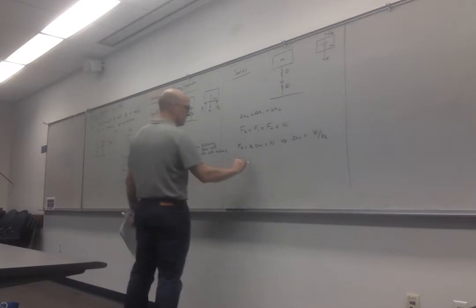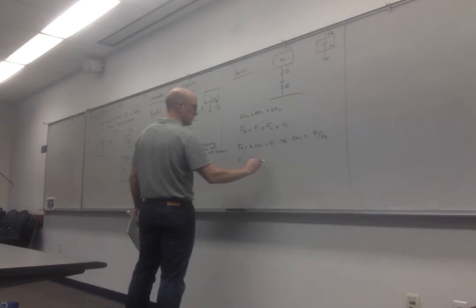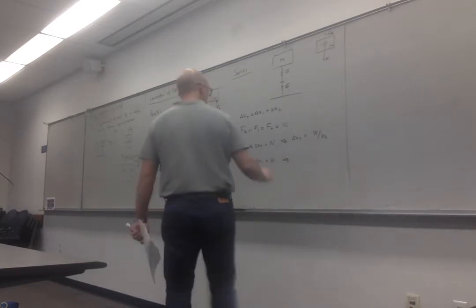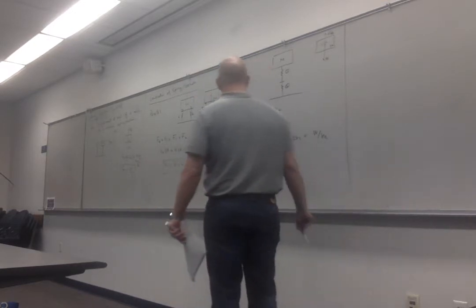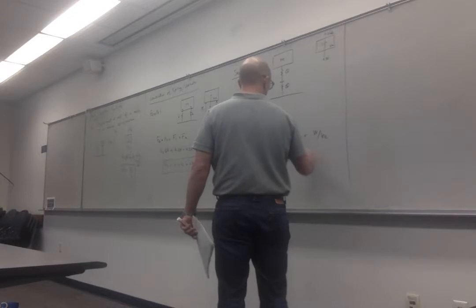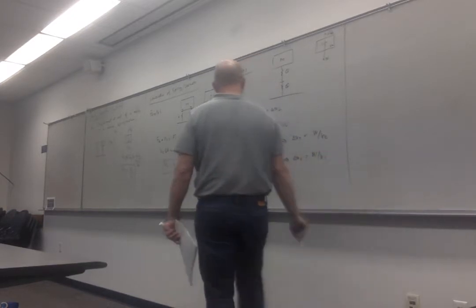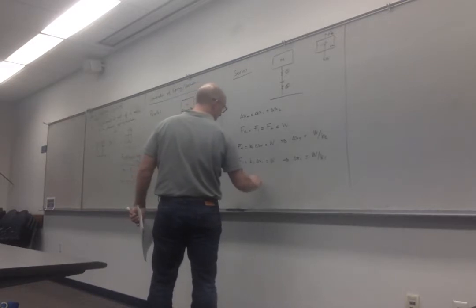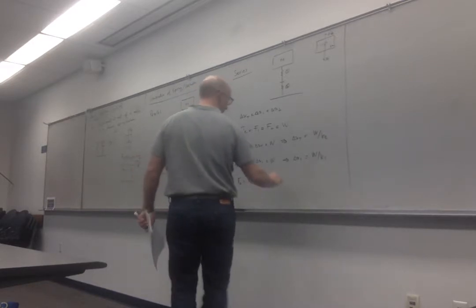F1 is going to be K1 in this case times delta x1, which is also equal to W, so we can express all these displacements as a function of the spring constant and the weight. Delta x1 is weight over K1, and lastly, K2 delta x2 equals the weight.